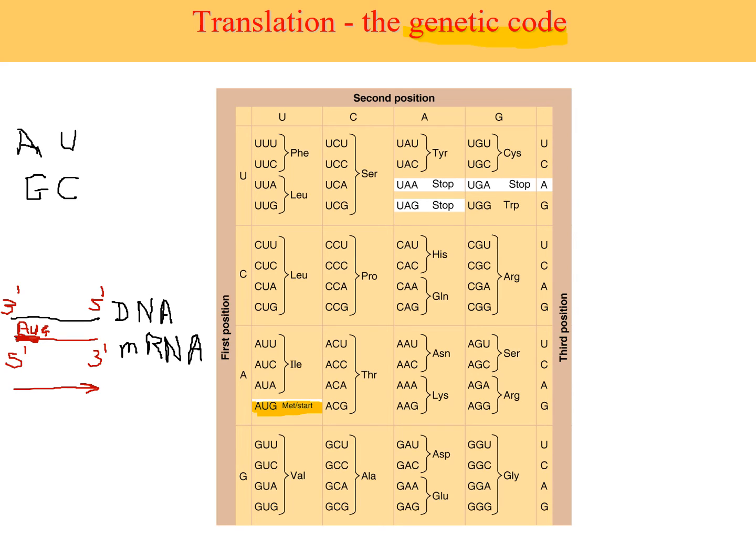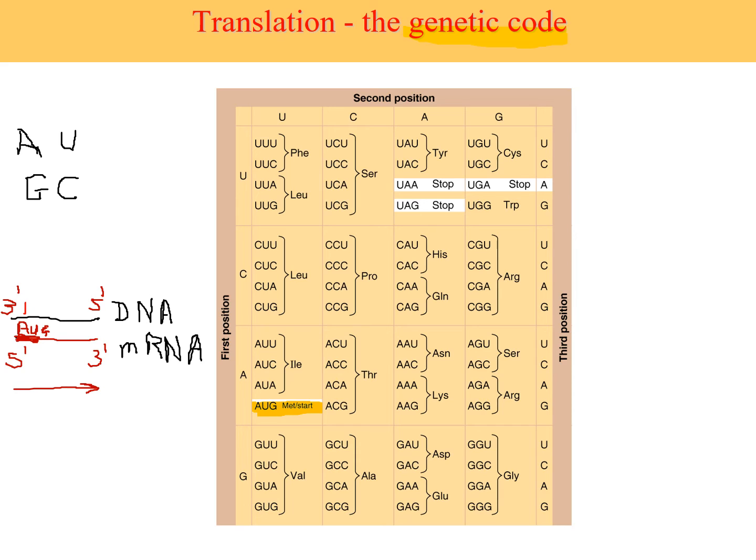So we're talking about the messenger RNA, which was made on the basis of the DNA. If you have an A in the messenger RNA, that's because there was a T in the DNA strand at that position.